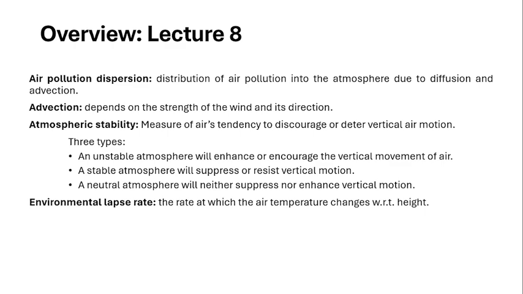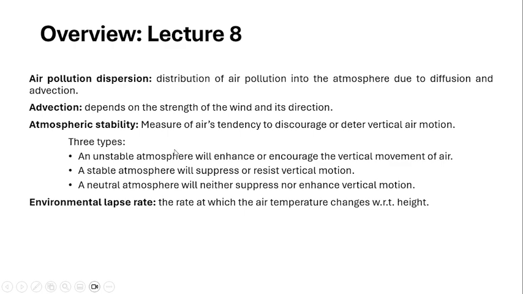What does advection mean? It is the flow of some particle through the fluid, here through the air. So the pollutant concentration will decrease. In the case of advection, the strength depends on the strength of the wind and also the direction of the wind. Then only the reduction in the pollution impact is decided.